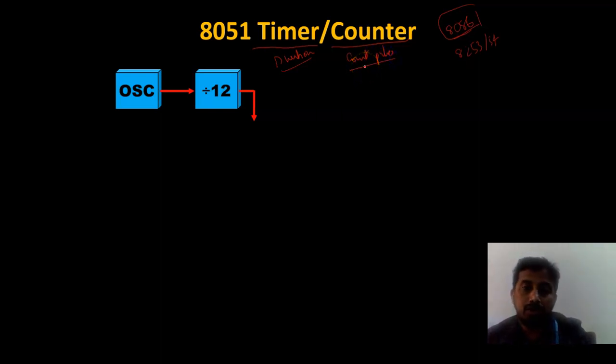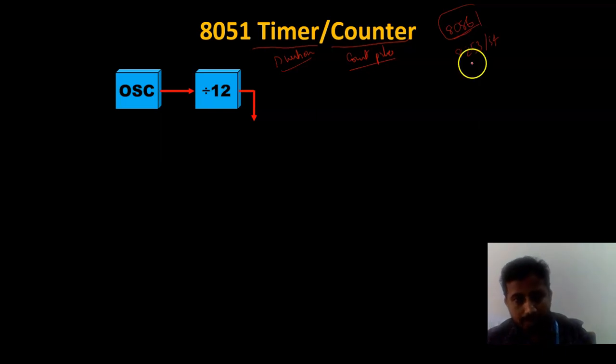The duration of time is nothing but, if one count pulse may be 1 second or 1 nanosecond, whatever the time duration is. So within 1 nanosecond, how many count pulses are there, or within 1 second, how many count pulses are there? That is measured by the counter.